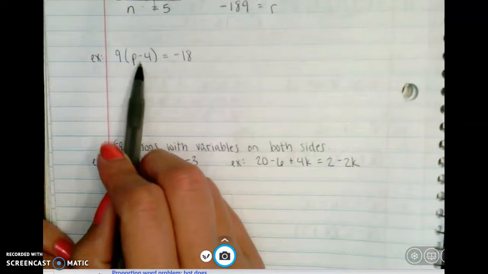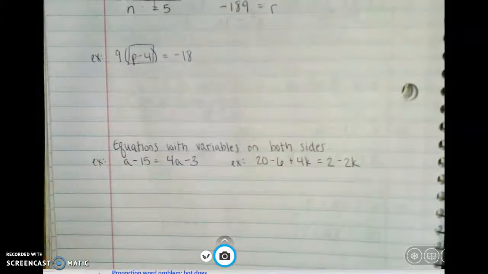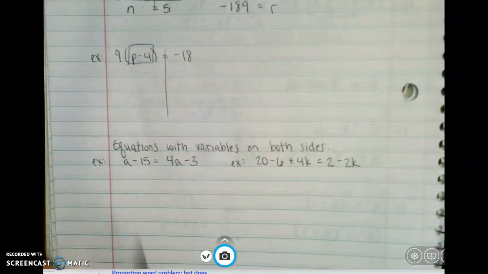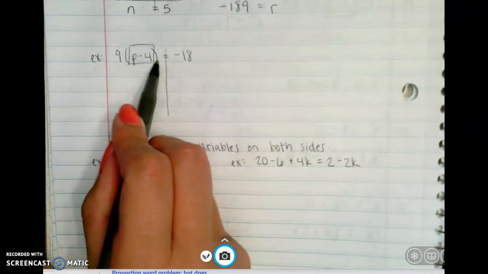When there's parentheses, that means that the variable and whatever number is in the parentheses is grouped together. So I'm going to draw my box around the group of parentheses, split the problem through the equal sign, and we have 9 times p minus 4.